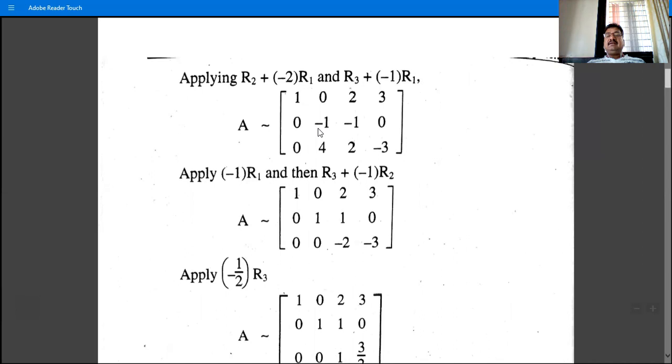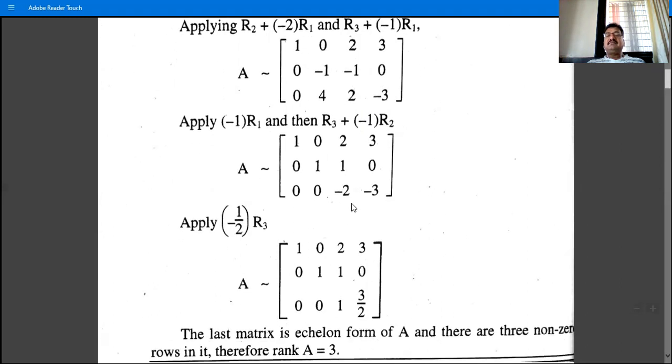So we have the matrix 1 0 2 3, 0 1 1 0, 0 4 2 3. Write that matrix, and then we have to reduce this 4 to 0. So R3 minus 4 R2, because this becomes plus, 4 minus 4 R2.